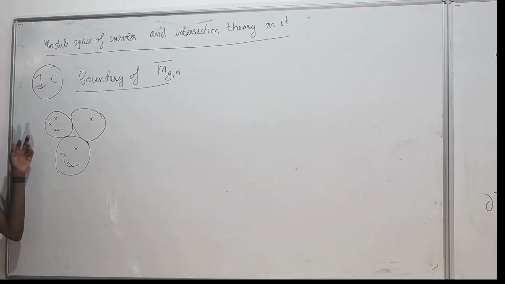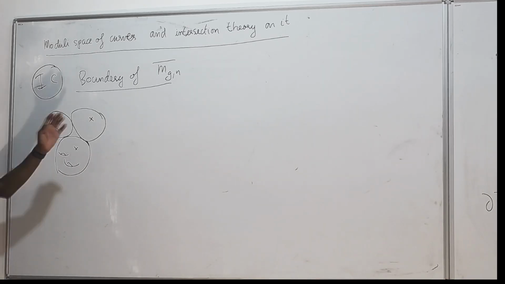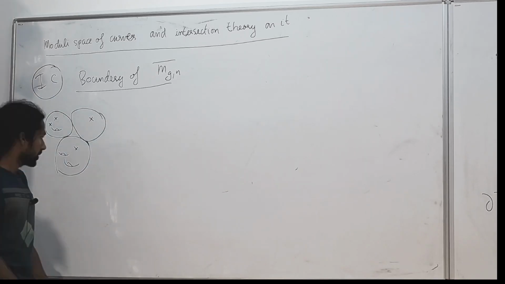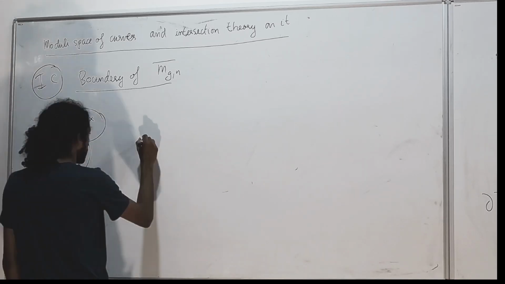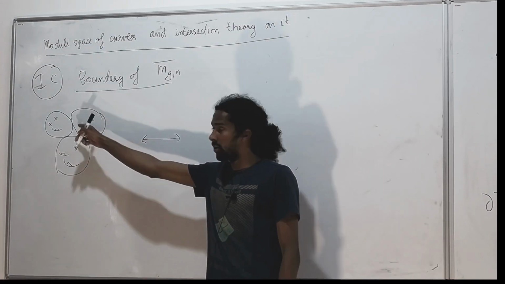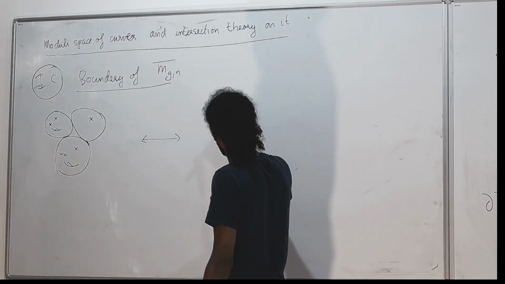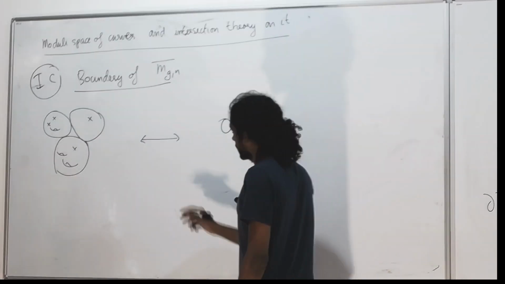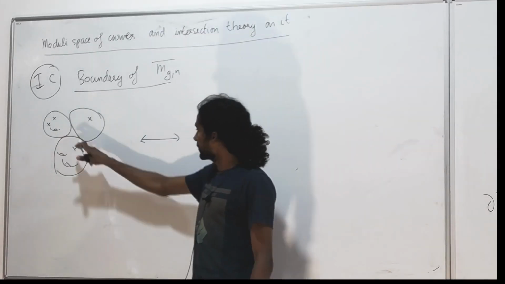To any stable curve, you can draw its dual graph. And the way that you do this is the following. To every component, you draw a vertex of your graph. I have three, so I'm going to draw 1, 2, 3.